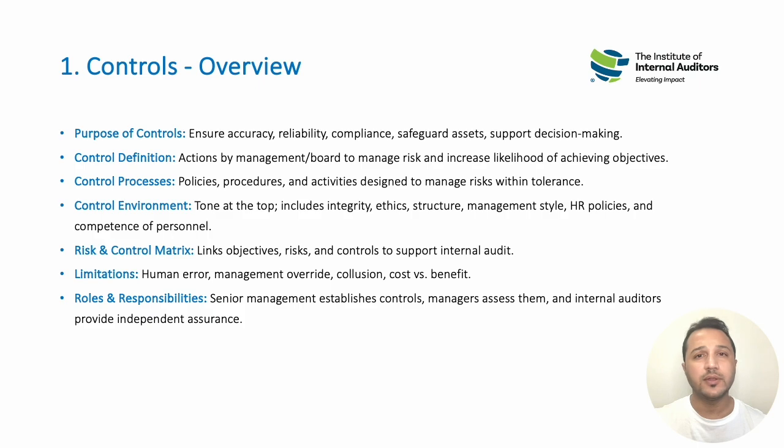For example, I have witnessed in many organizations robust ERP systems employed, for example, SAP or Oracle, but then the management overrides the controls either through some review and approval outside the system, or disabling some of the mandatory controls within the systems. So these actions carried out by the management also lead to a poor control environment.